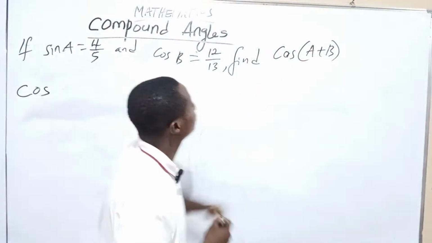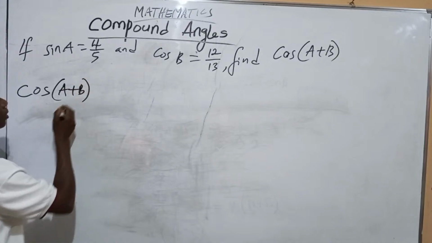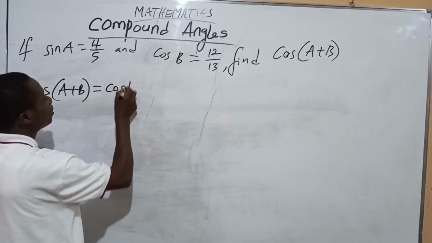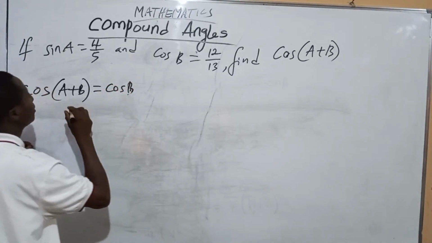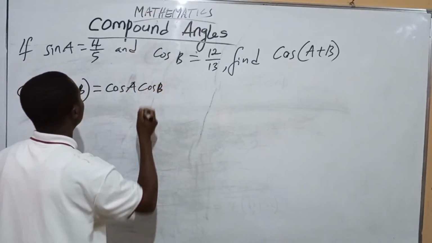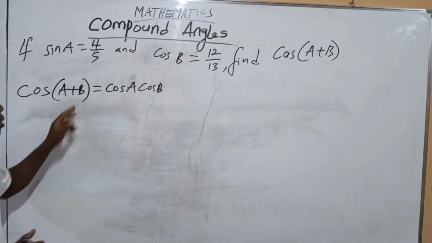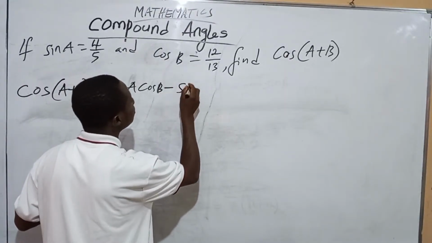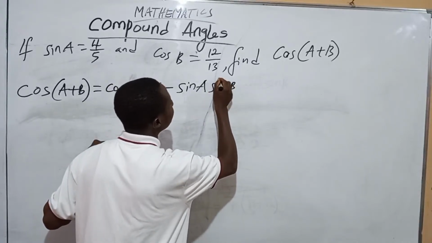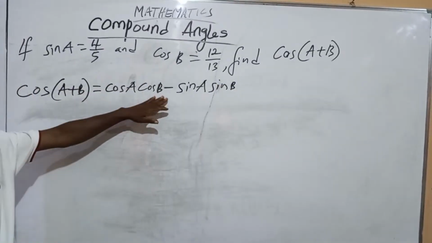So cos A plus B is equal to cos A cos B, then this plus changes to minus sine A sine B. So please take note.